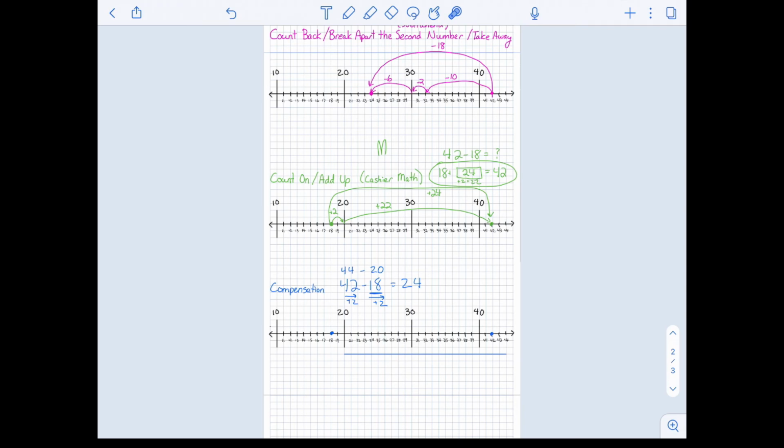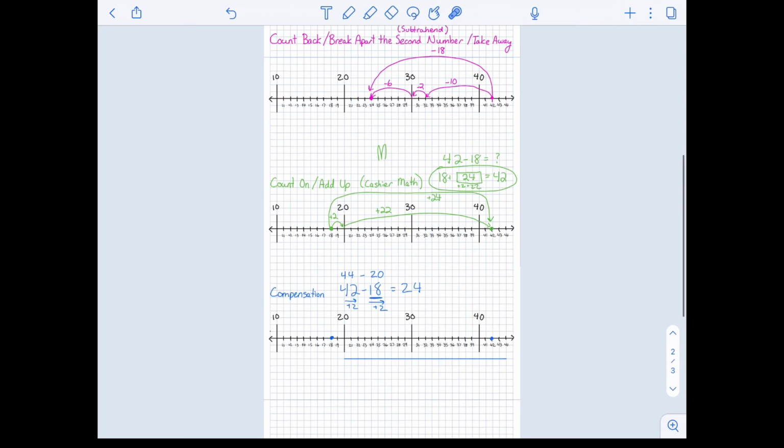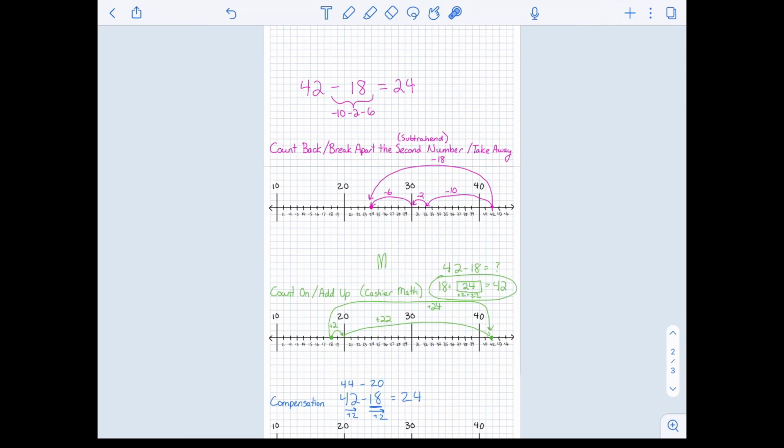So this is a distance perspective of subtraction, whereas this is a takeaway perspective in the pink here, our count back. We started with 42. We didn't have 18 as a point on the number line. 18 was the number of units that we jumped backwards to get to our answer right here. So different perspectives on subtraction.